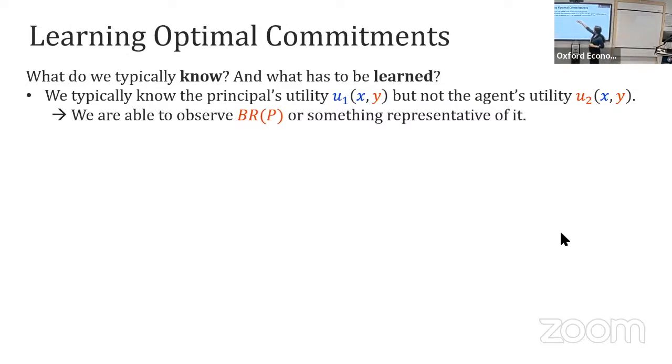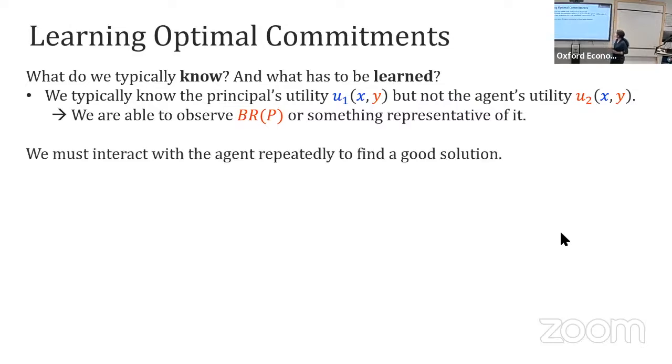The principal might know its own utility, but certainly there's a lot more uncertainty about what actions or utility the agent is playing, or why the agent is doing certain types of actions. Even if I see its action, why exactly, what was the utility, what was the reason? So while we could talk about optimal commitment, we cannot really figure out what it is until we understand what motivates an agent to respond in a certain way.